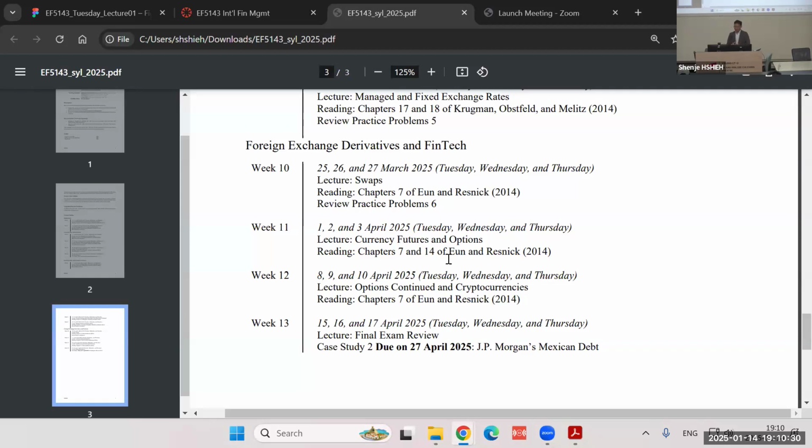But in any case, I will review these derivatives and contracts that you should all be familiar with, but within the context of foreign currencies. So it should be mostly a review, but with things to think about when you have to consider foreign currencies as opposed to bonds and stocks and so forth.